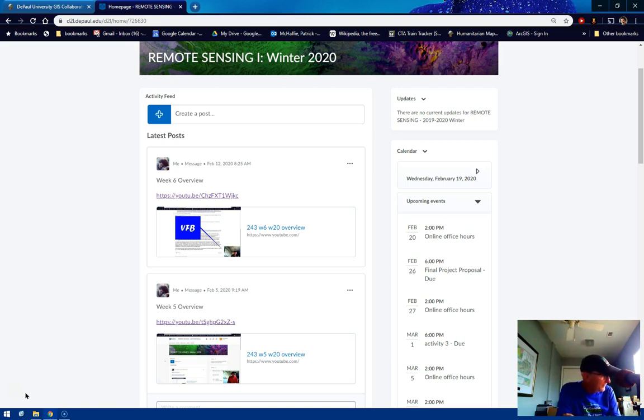So let me review quickly a little bit about last week. Last week we started working on activity 3, which is focused on the technique of supervised image classification. Image classification is probably the most difficult problem that we have to solve in remote sensing.